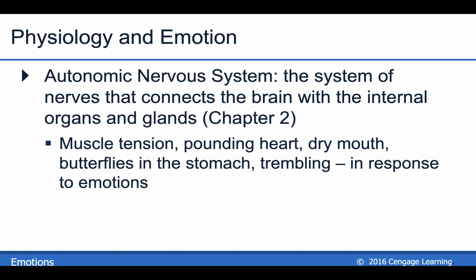Our autonomic nervous system, if we go way back again to chapter 2, is a system of nerves that connects our brains with our internal organs and glands. So the autonomic nervous system is what can turn on in times of fear, that fight or flight response. So we see muscle tension, you get that pounding heart, a dry mouth, butterflies in your stomach, trembling. All this can be done in response to emotions.